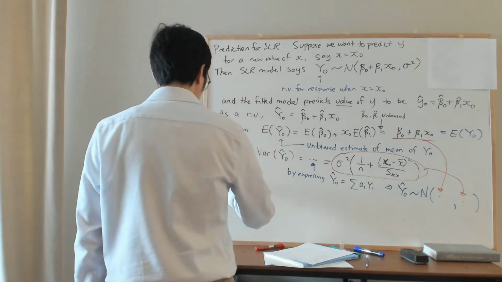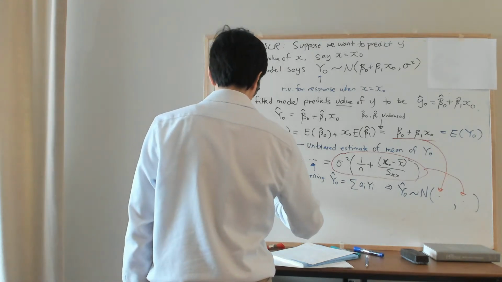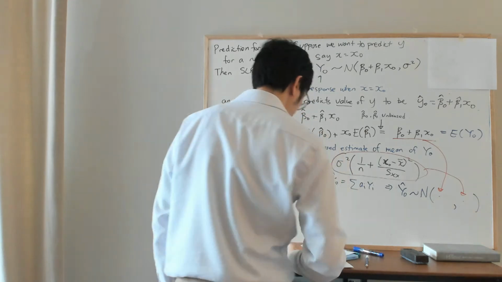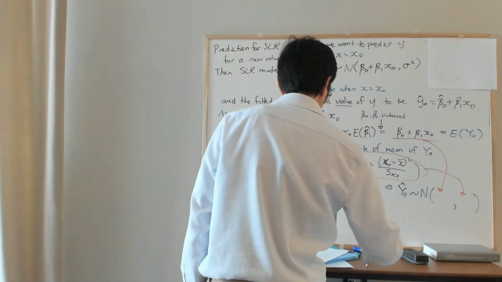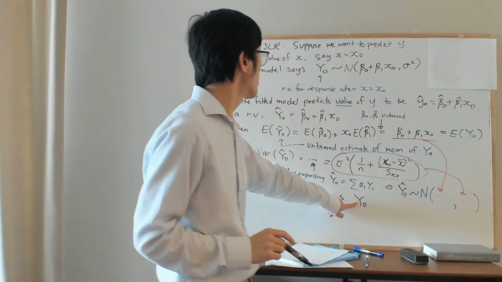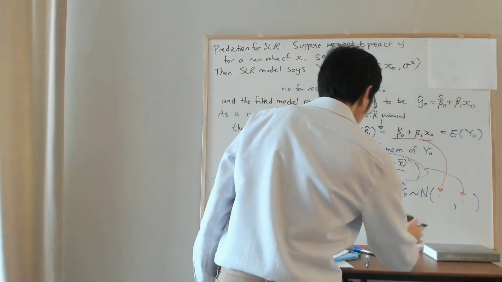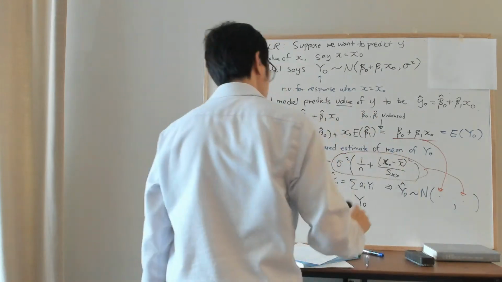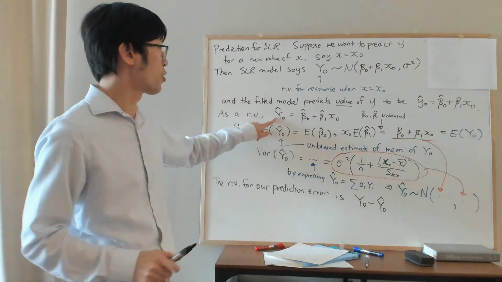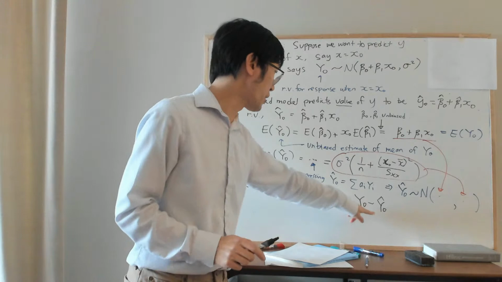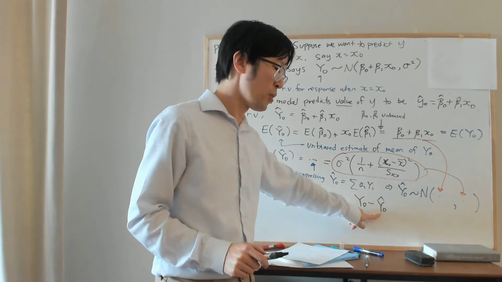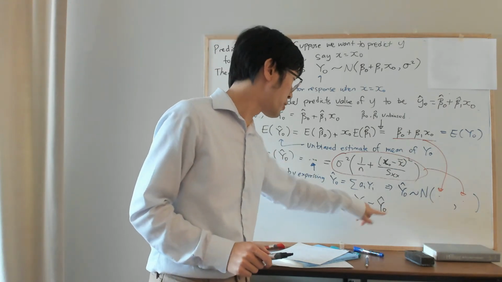So the random variable for prediction error is: I'm going to take the random variable y0, the modeled random variable for the new value, and then subtract our predictor as a random variable. So y0 minus the predictor for it.